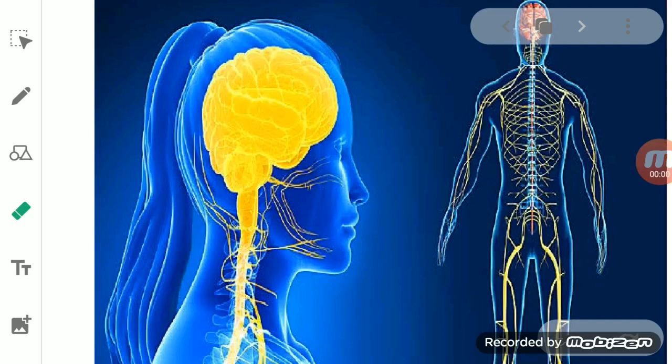Now we will see the last type of tissue, and that is known as nervous tissue. So what is nervous tissue? It is a tissue which is specialized to transmit messages. The basic function of these tissues is transmitting information, transmitting messages within our body.